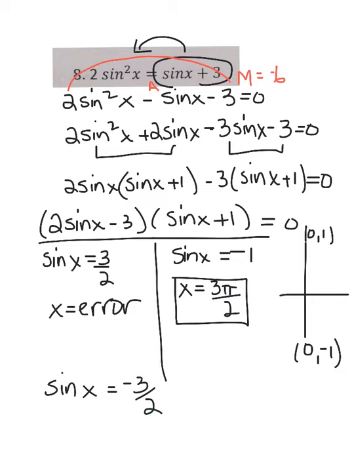So whenever you have something that's over a positive 1 or under a negative 1, you're going to get error in your calculator. So you know what? It's a wonderful thing because it just made your life really easy. All you do is just go like this. I want you to write error so that I know that you know that it doesn't work out. I don't want you to erase anything, just simply put a line through it just like I did. So your only answer is 3 pi over 2.